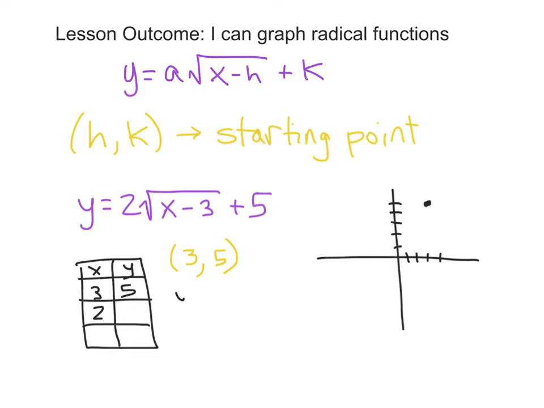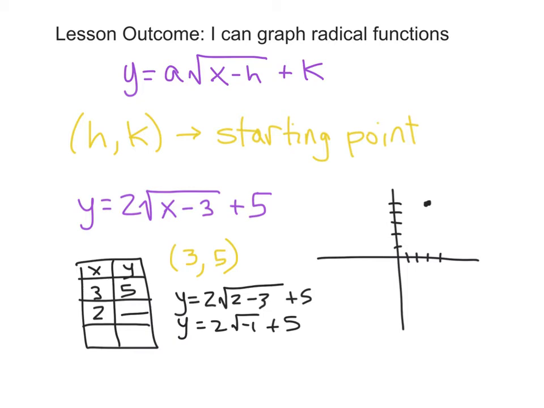If I put a 2 in, y equals 2 times the square root of 2 minus 3 plus 5, I will notice that the square root of 2 minus 3 is the square root of negative 1. Now if we have y equals 2 times the square root of negative 1 plus 5, we should know right away that there's going to be no real solution because we've got a negative in our square root. So, no solution there. There will be no point where x is 2.